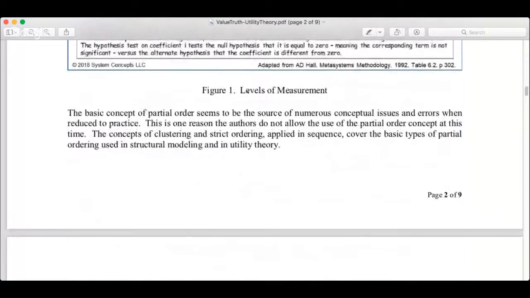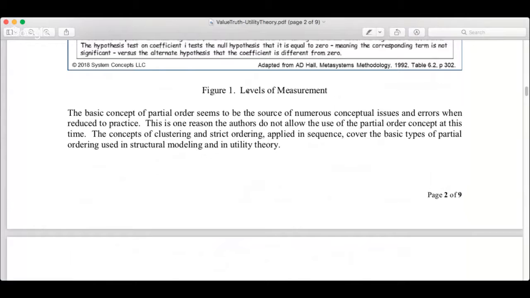Okay, so the concept of a partial order seems to be the source of numerous conceptual issues and errors when reduced to practice. And I've run across this a number of times, where people have confused the idea of things being equal in a class and things being ordered.